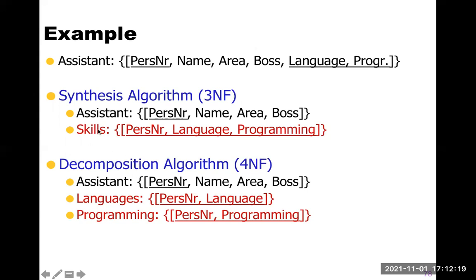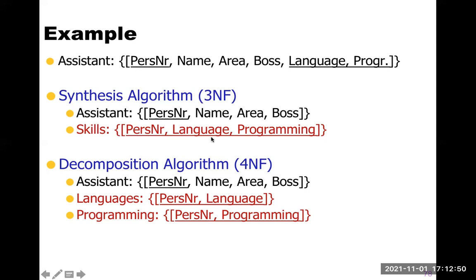And in this table of skills, I have a complex key that consists of person, language, and programming language. And here third normal form stops. So we have no functional dependencies to check, and a table that consists of key columns only. It's in third normal form and in Boyce-Codd normal form. So it can't violate any normal form rules.